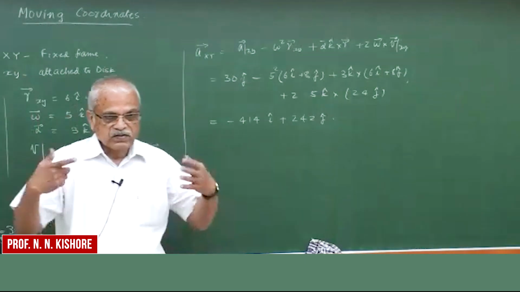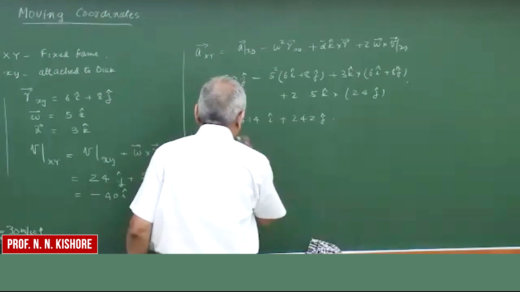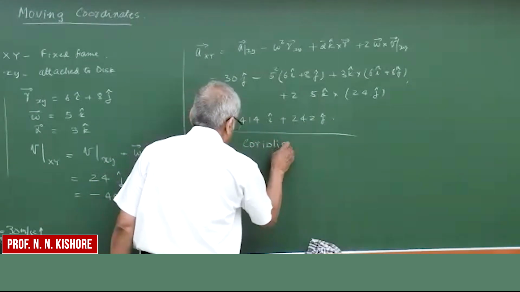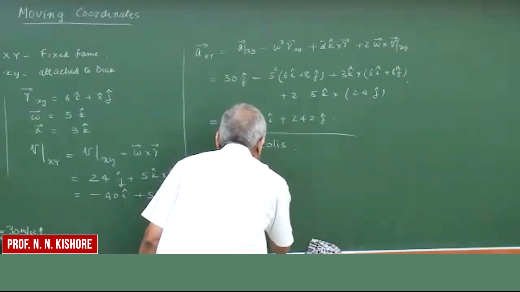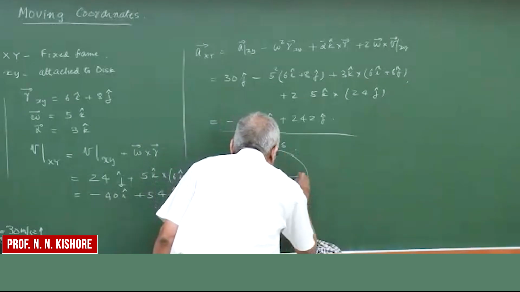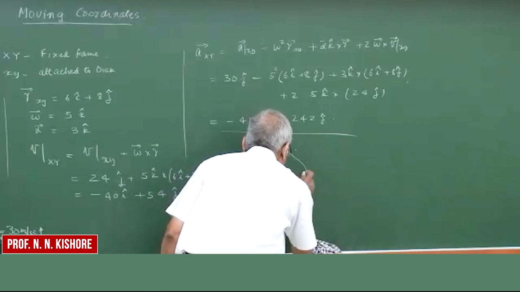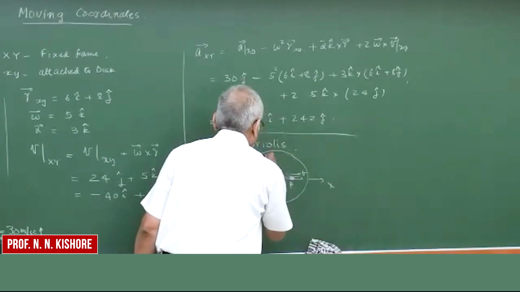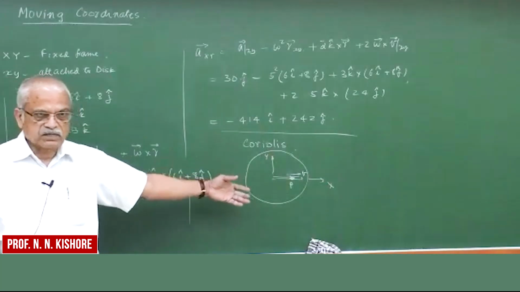Yesterday, we were giving a very elaborate explanation for the Coriolis component, wherein we had taken a slot, a radial slot, a radial rod, but here it's equally applicable to the slot.